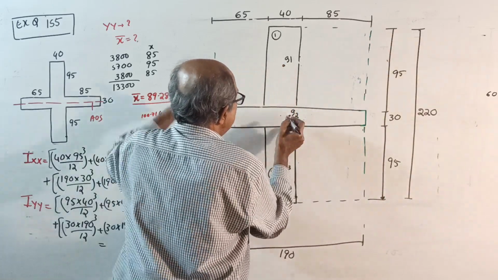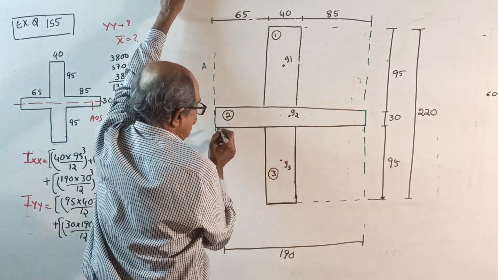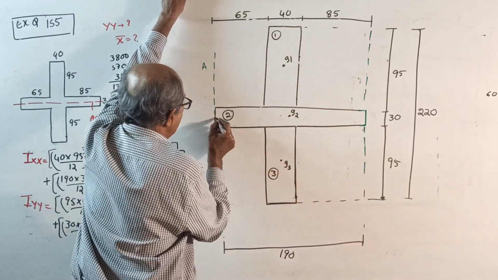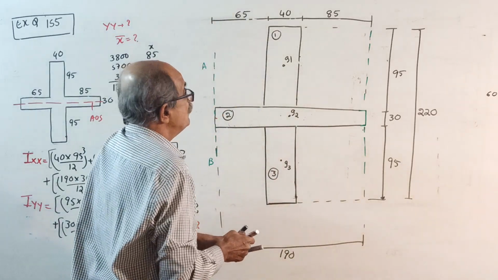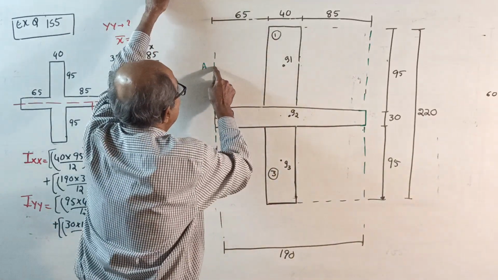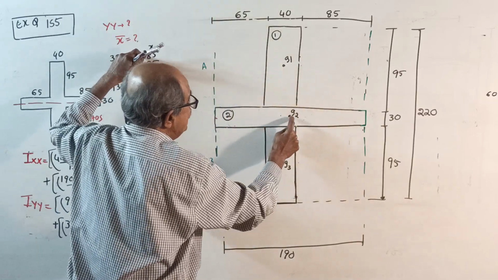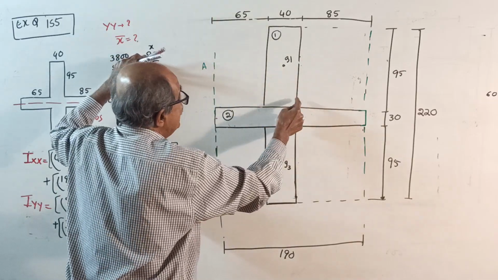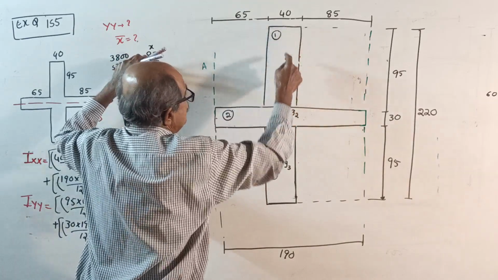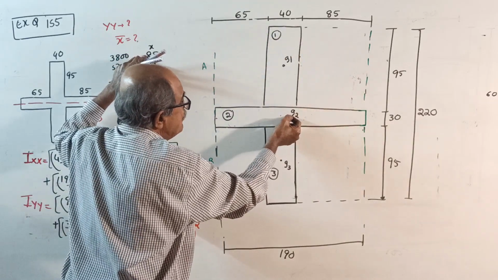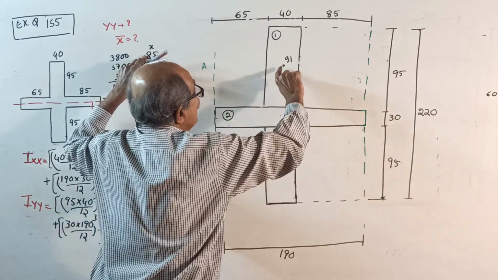Therefore, this centroid is at 190 by 2, exactly 95. So what happens here? This is 85, this is 95. But from here up to the edge is 65 plus 40, which is 105. So it is 10 mm this side. So this G2 comes after G1.